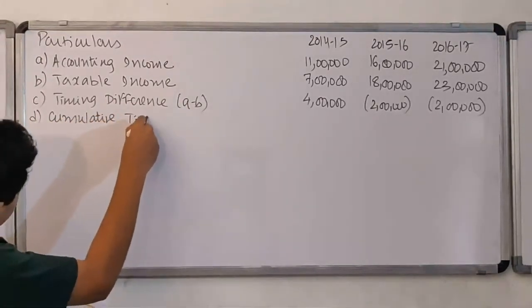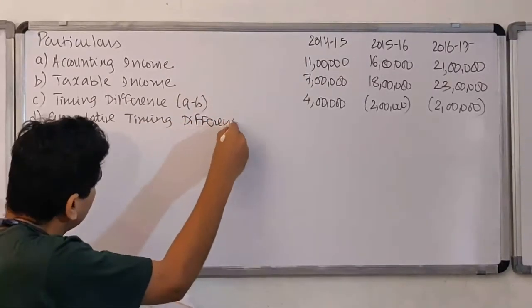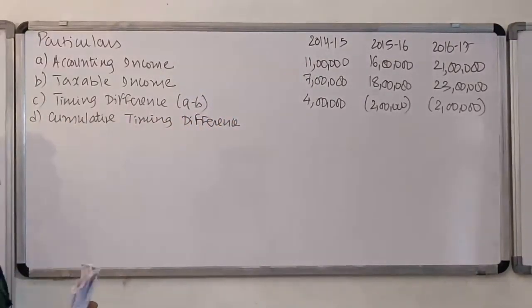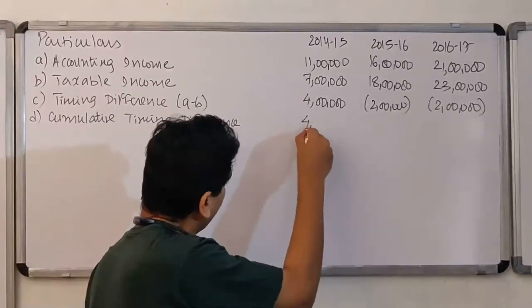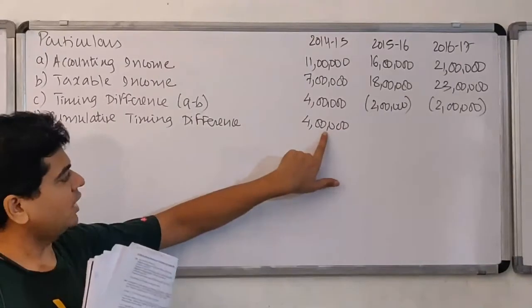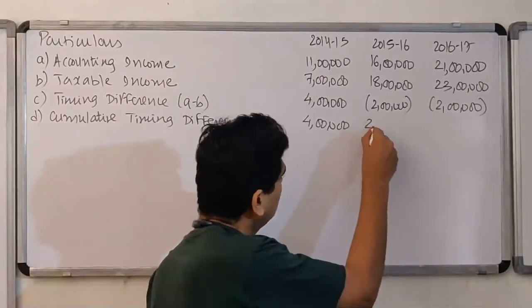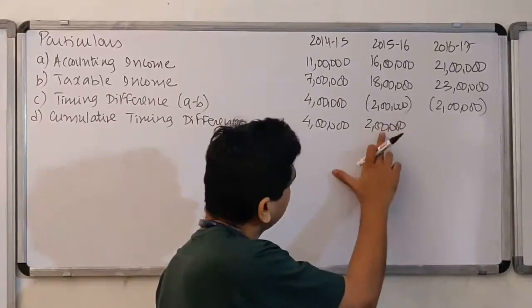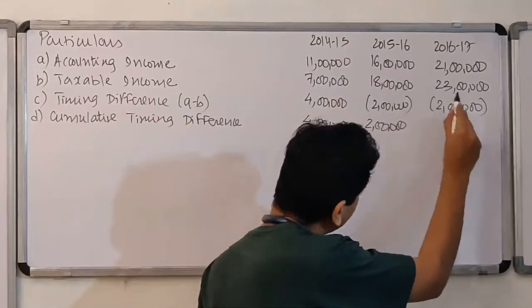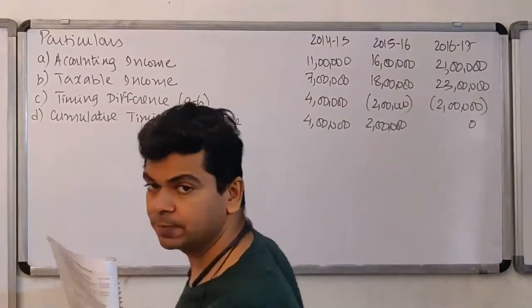That's your cumulative timing difference. The first figure is 4 lakhs. 4 lakhs, whatever answer you are getting, add the 2 lakhs to it. So 2 lakhs and this 2 lakhs and this 2 lakhs. You can even say 0 or just put a dash.